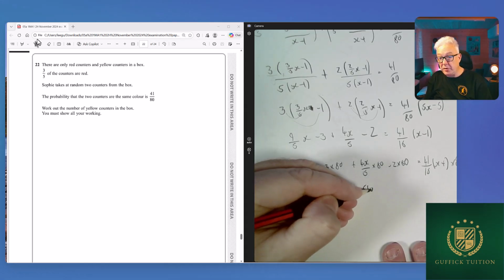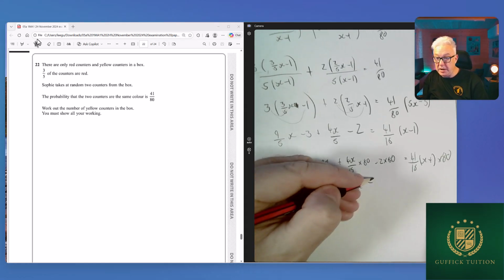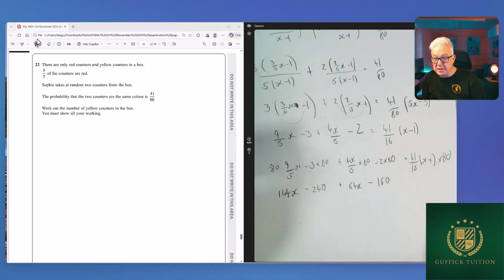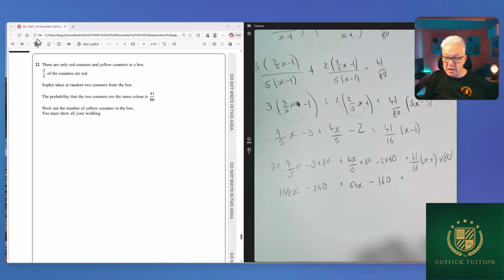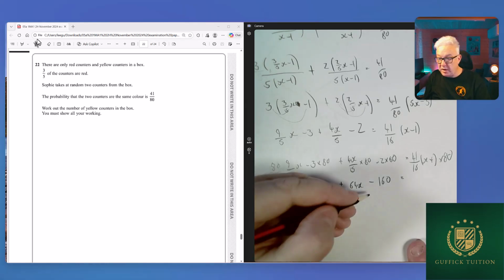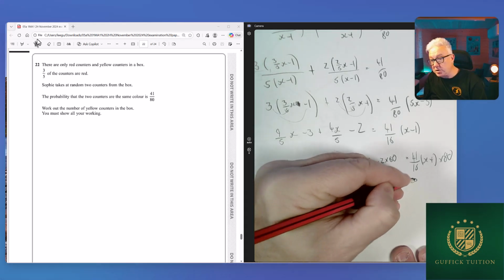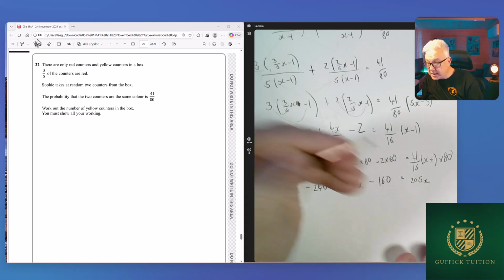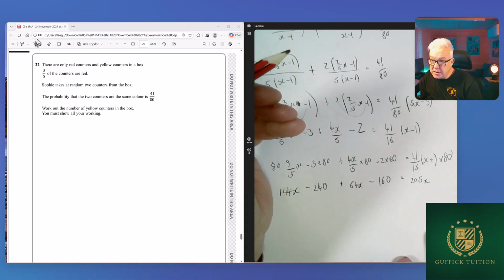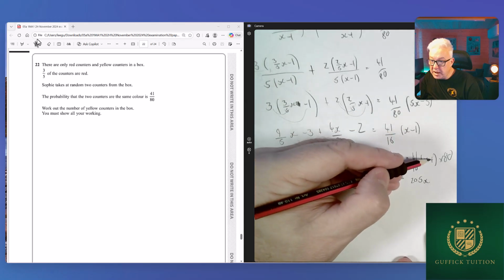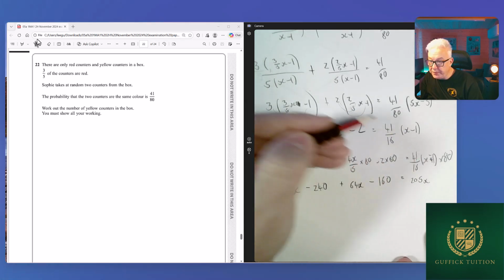Plus 64x there, and that's going to be minus 160 because it's 2 times 80. It's going to equal 80 divided by 16, which is going to be 5, and then we're going to have that times by 41, so 5 times by 41 is 205. So that's going to go to 205x, and that should say minus 1 there.